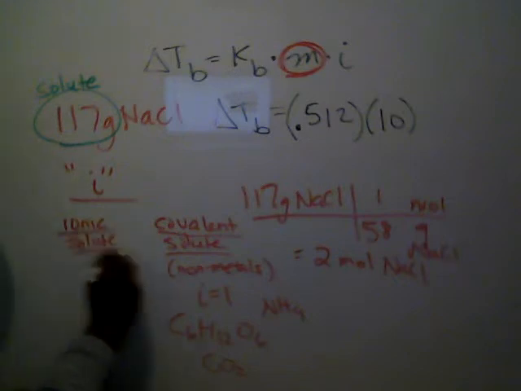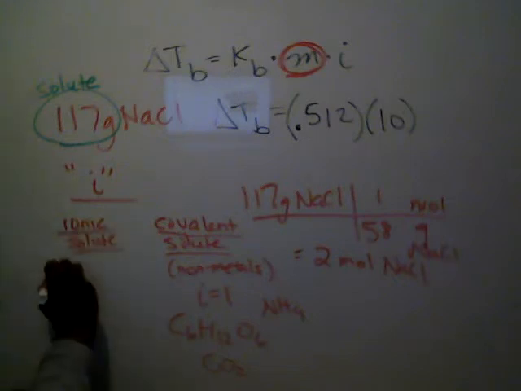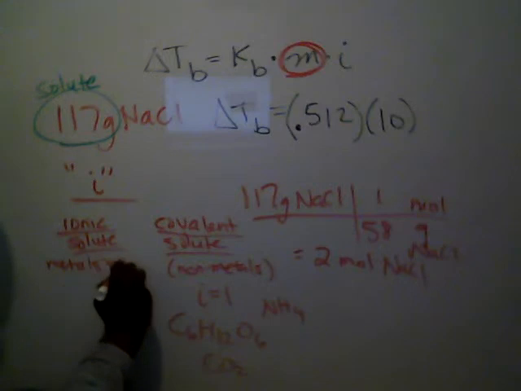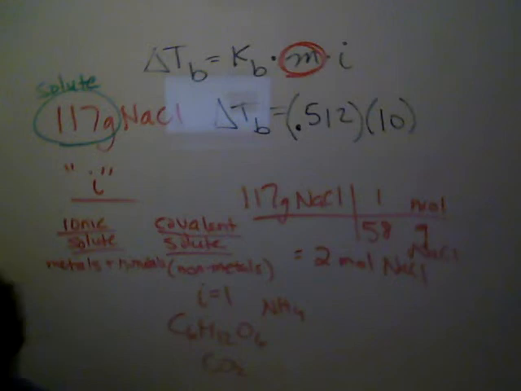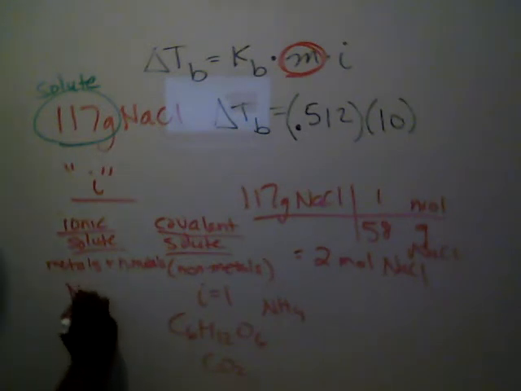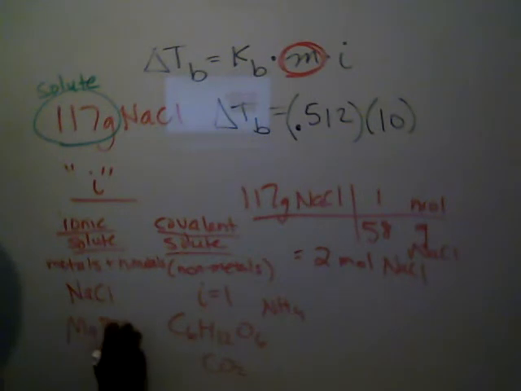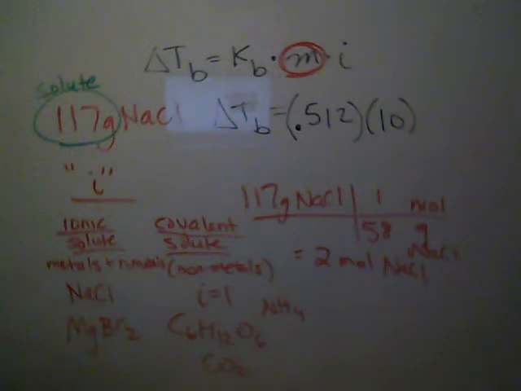Ionic solutes are going to be when we have metals with nonmetals. Okay, so something from the left side of the periodic table with something from the right side. So a couple of examples would be the NaCl that we have, or maybe even something like MgBr2. Those are all examples of ionic solutes.